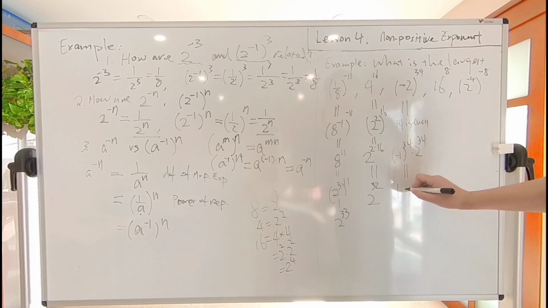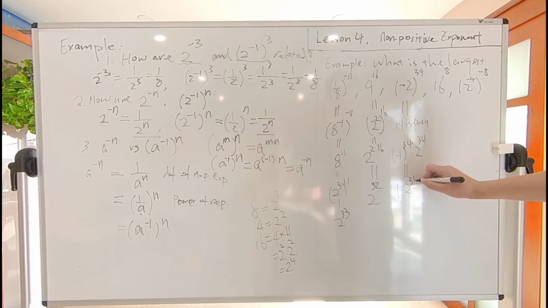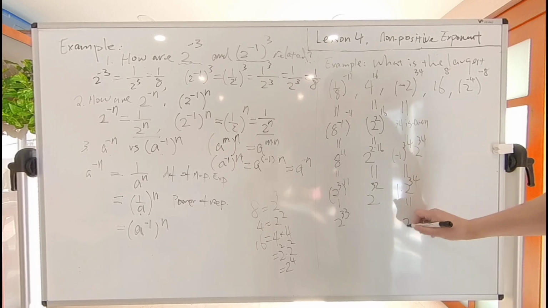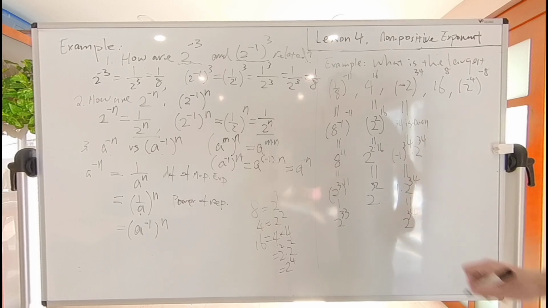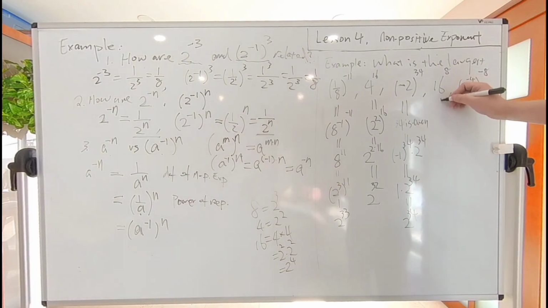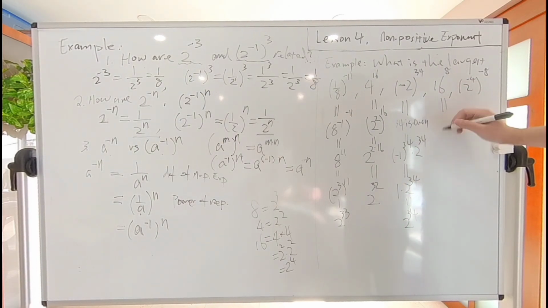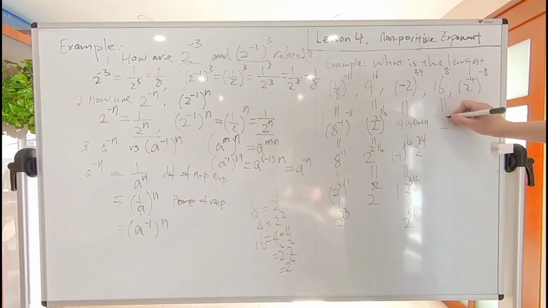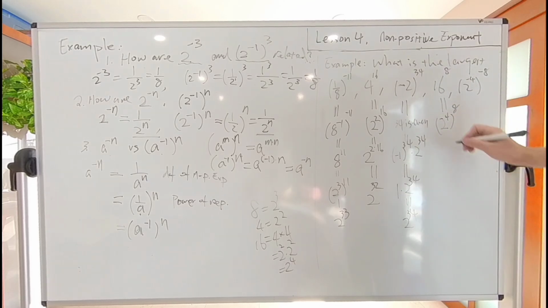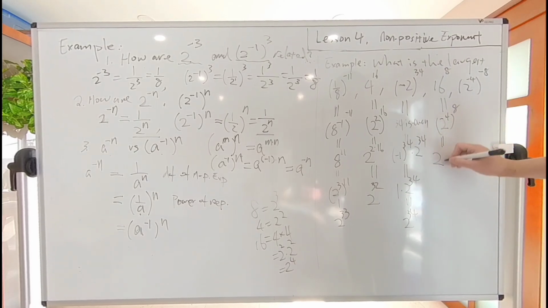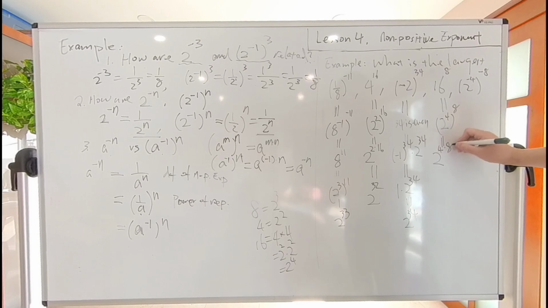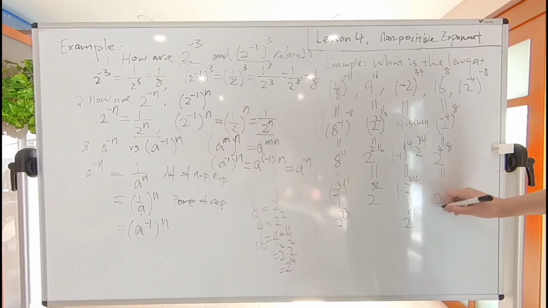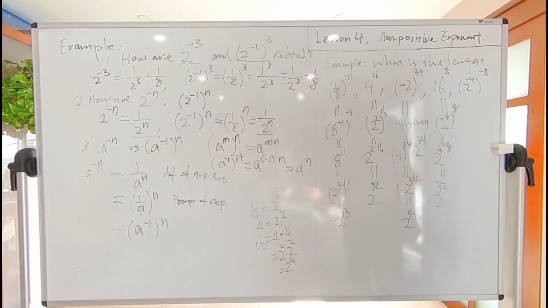So it's positive 1 times 2 to the power of 34. So it's just 2 to the power of 34, right? This one, 16, is 4 squared, or 2 to the 4th power, and then to the power of 8. It's 2 to the power of 4 times 8, which is 2 to the 32.